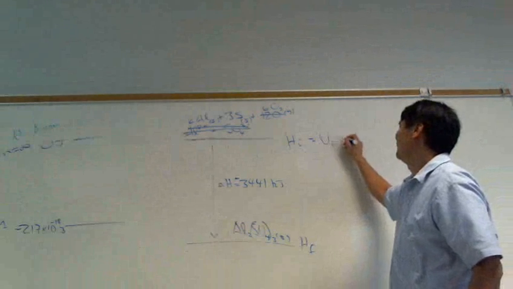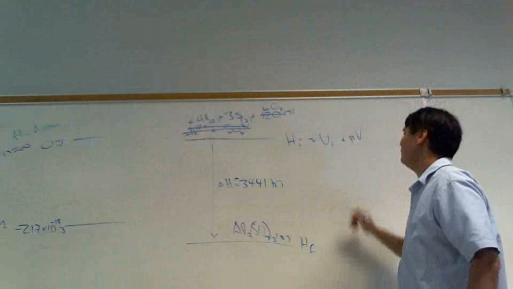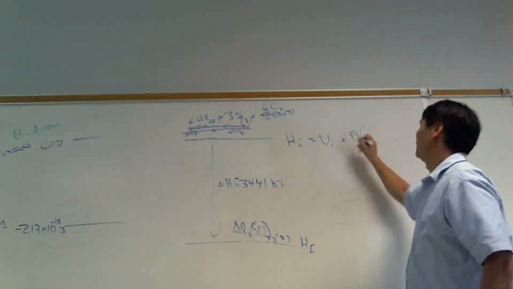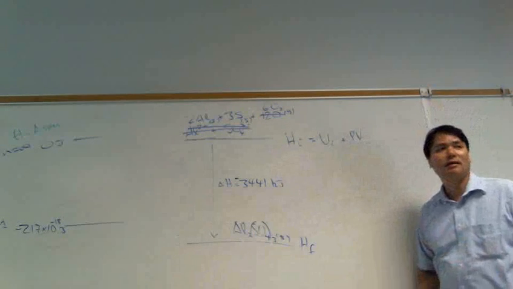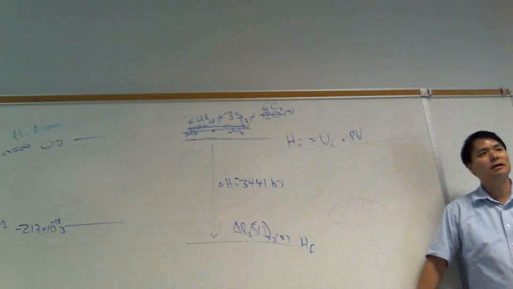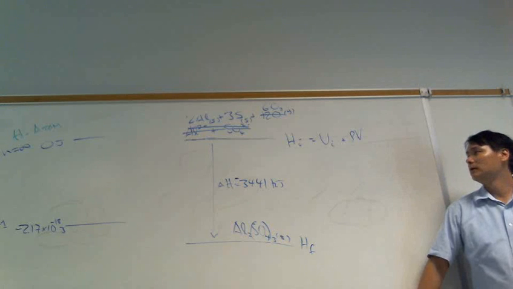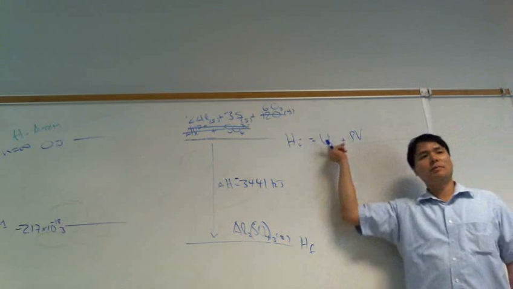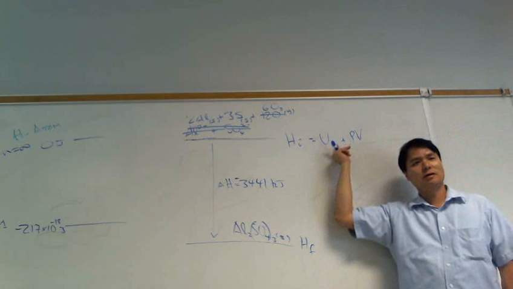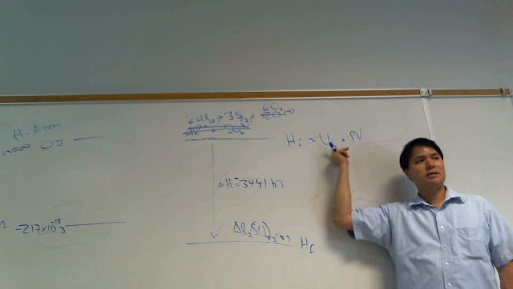It is U plus PV. That's correct. And so what would you call enthalpy then? What is the enthalpy exactly? Sum of the internal energy and product. Well, is U only potential energy? No, U is potential plus kinetic.